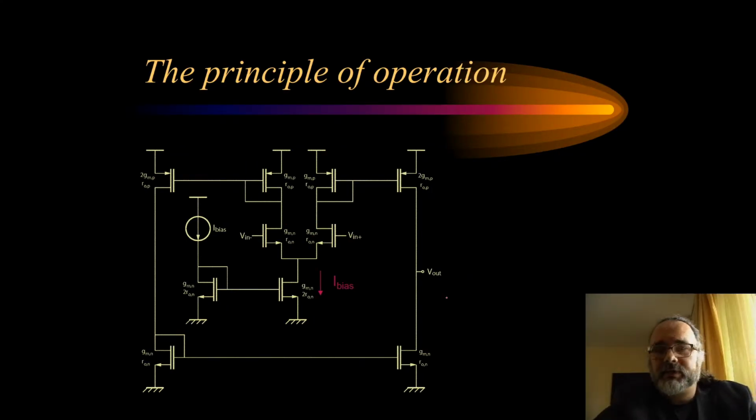So first the biasing conditions. We have a biasing current source that is dumped in a diode connected transistor.